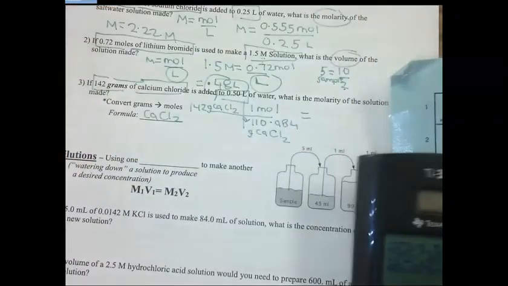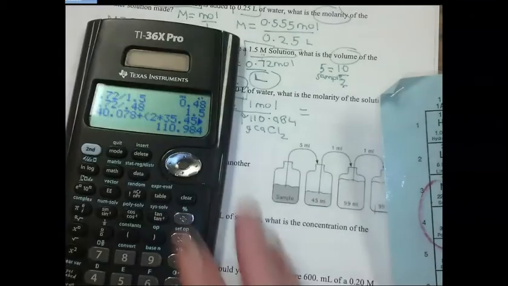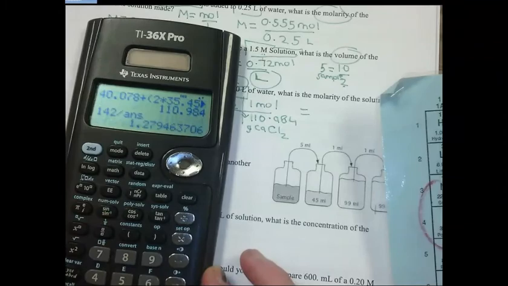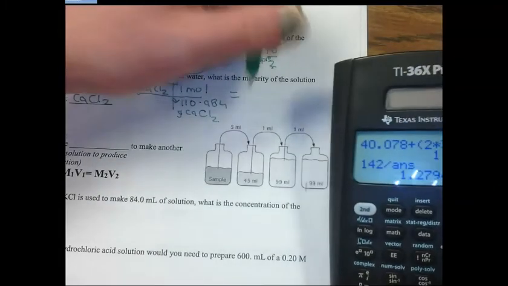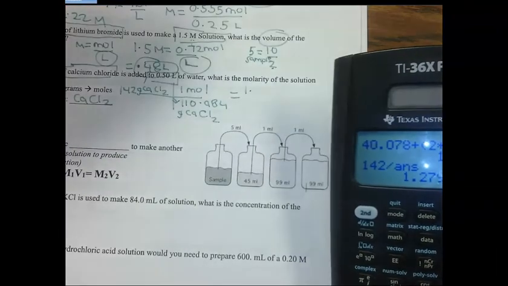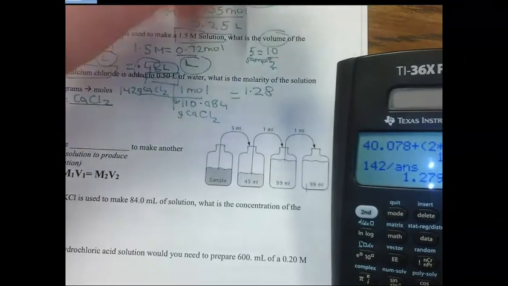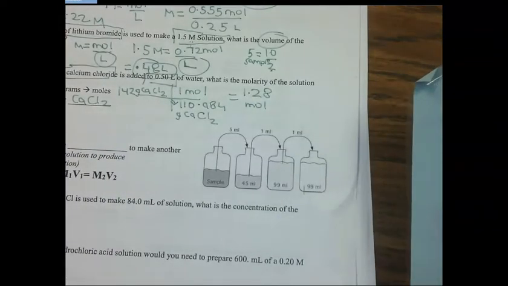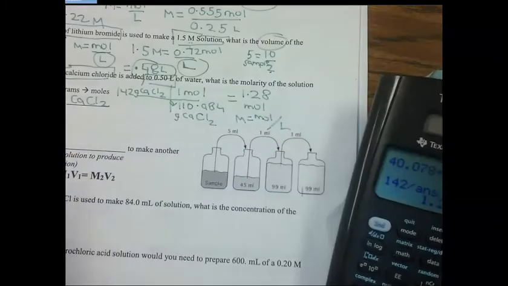And now I'm going to divide these. 142 divided by 110.984. And that gave me my answer in moles. So 1.28. We're going to round that a little bit. And now we just need to plug it back into my original formula, which is M is equal to mol divided by liters.